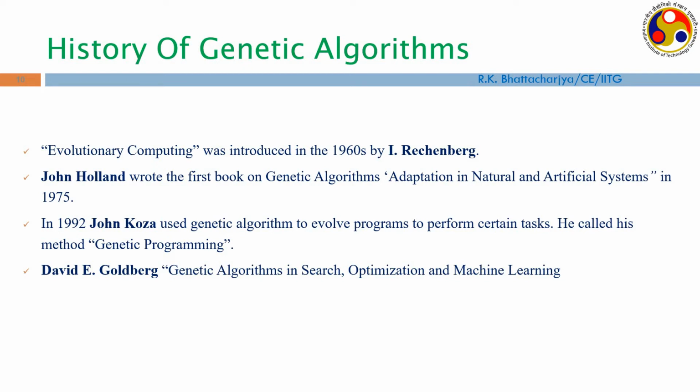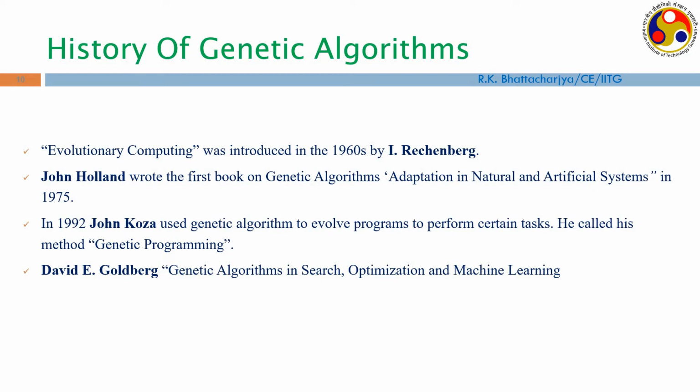He called this method genetic programming. This is not genetic algorithm, but this is evolutionary computing, and genetic programming is one of them. And John Koza was a pioneer on that particular work.